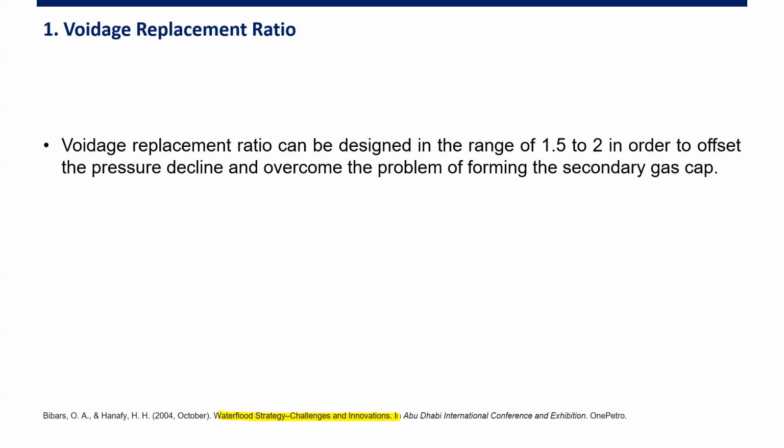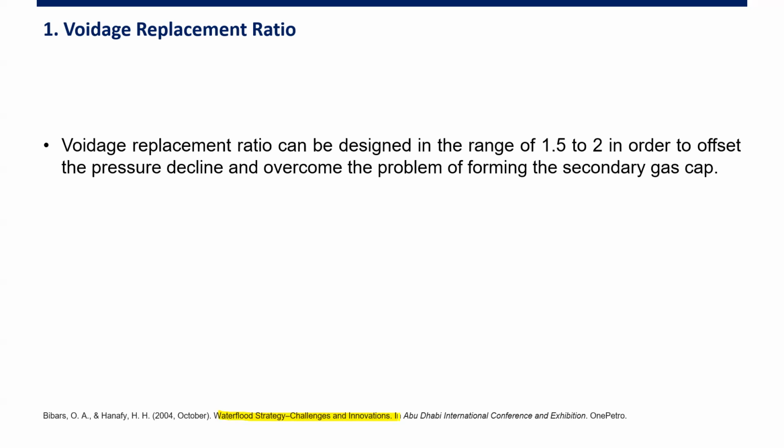Okay, so basically, usually we set the voidage replacement ratio of 1 to maintain the reservoir pressure, but now we can say that we can increase the target for VRR, voidage replacement ratio, to 1.5 or even to 2, okay? But we have the purpose, which is to offset the pressure decline and to prevent the forming of the secondary gas cap. Okay, so it's not a rigid VRR of unity.